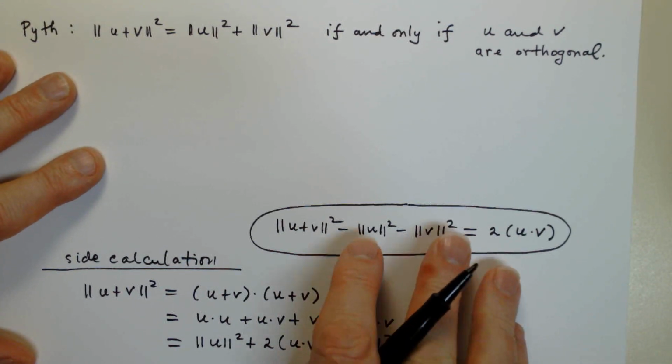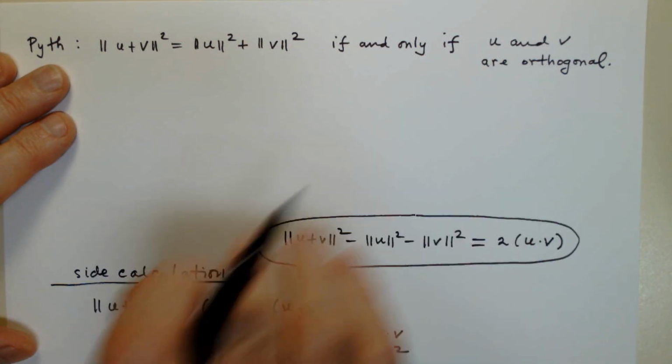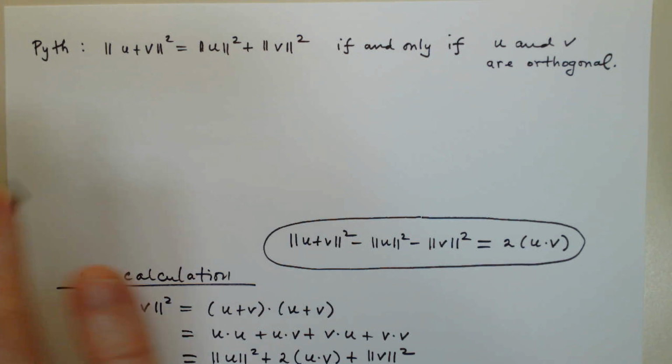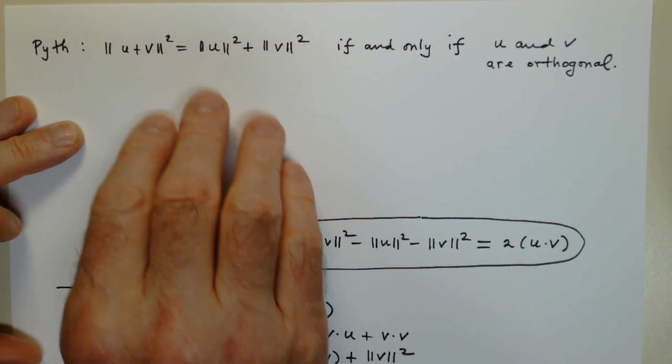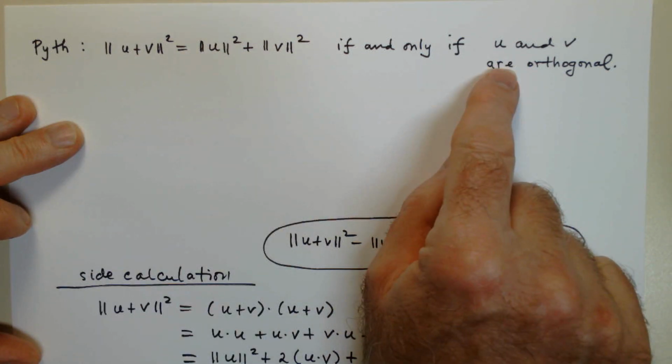Okay, so this is something that's always true. Now let's see how we can use this to help us prove the two halves of this theorem. So in this first half, in this direction, we're assuming that this is true. And from the truth of this, we want to conclude that u and v are orthogonal.